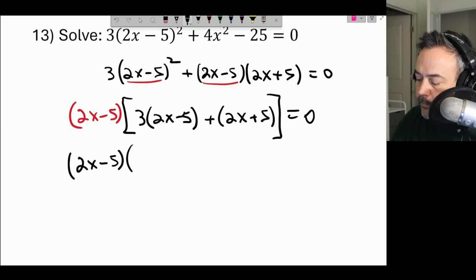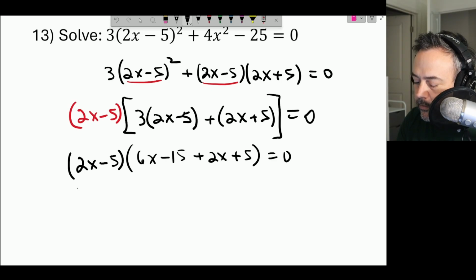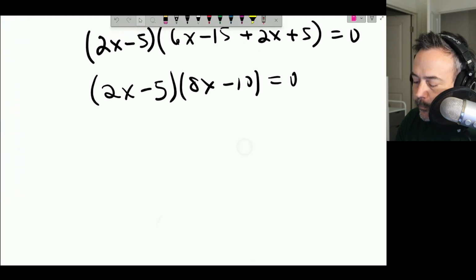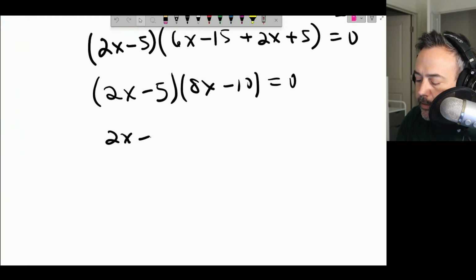Distribute. 6x minus 15 plus 2x plus 5 equals 0. 6, 7, 8. 8x minus 10 equals 0. Zero product property. 2x minus 5 equals 0.